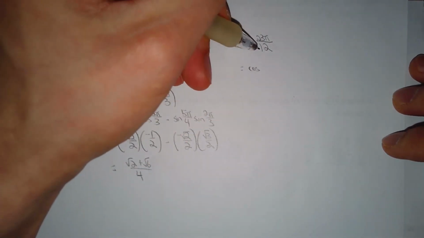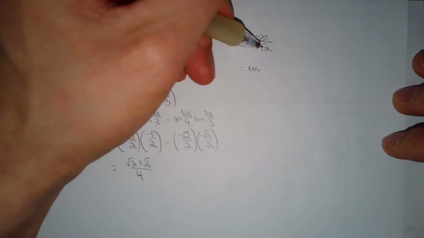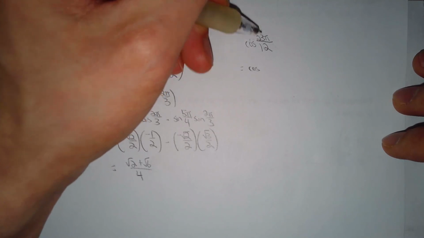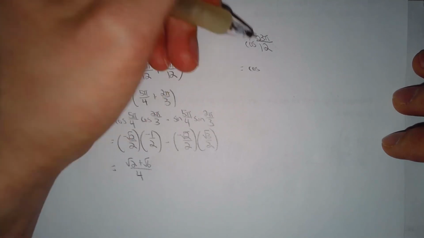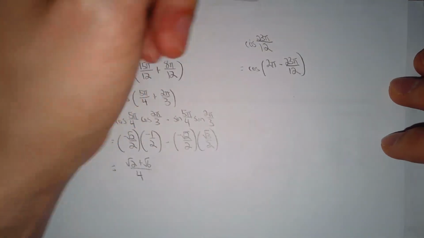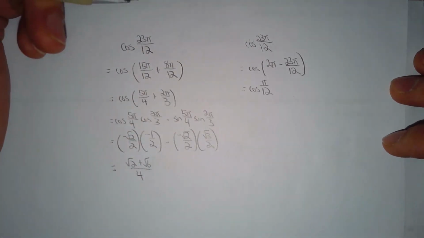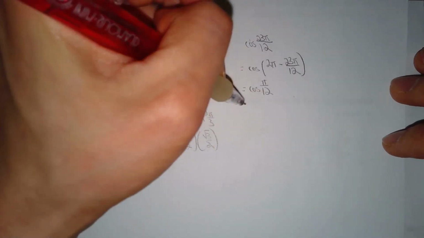What's the reference angle of 23 pi over 12? 23 pi over 12 is in the fourth quadrant, so you can take 2 pi and subtract 23 pi over 12. If you do that, you'll just get pi over 12. Much smaller angle, and breaking it apart is significantly easier.